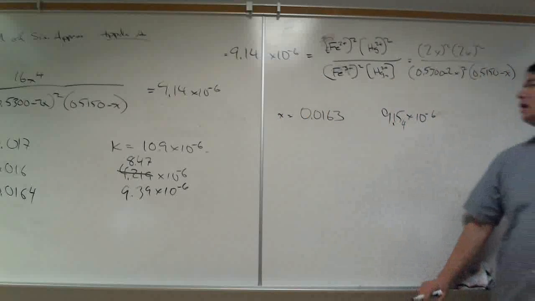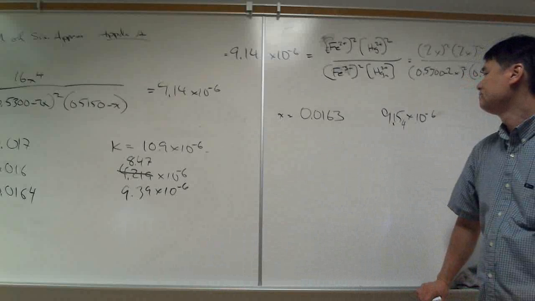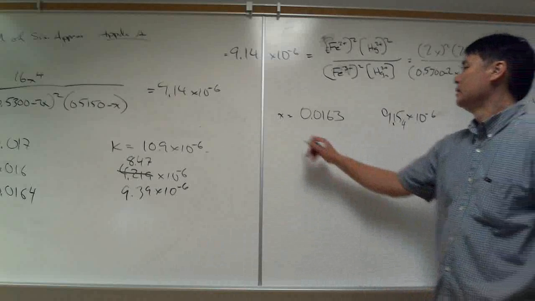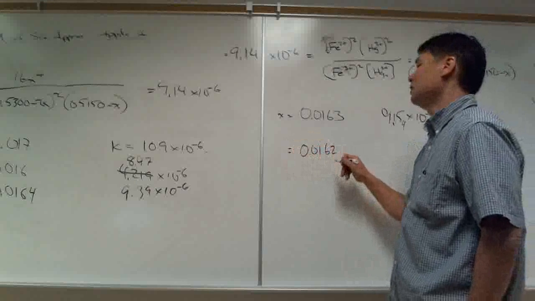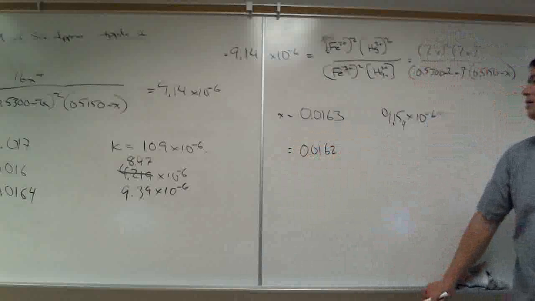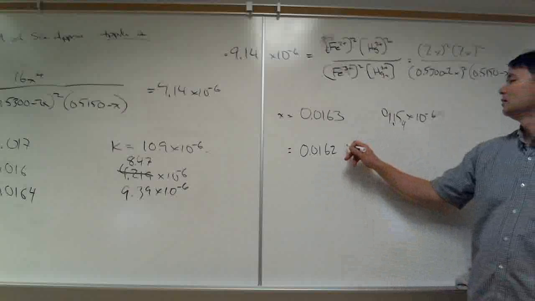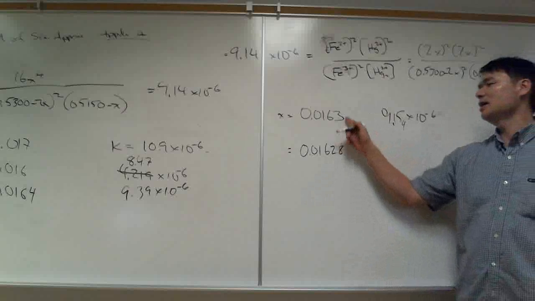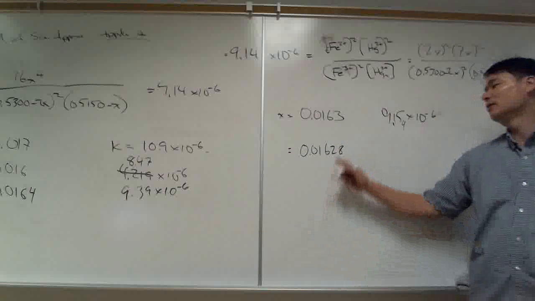And so it's got to be a little bit smaller. So 0.0162, no, I think that is going to be too small. So we'll go with 0.01628. Let's just try 0.01628, just a hair smaller. Right? 0.2 smaller, I mean, on the last digit.